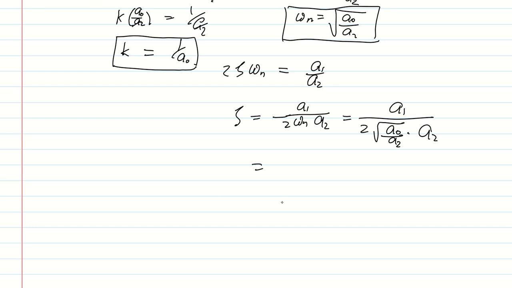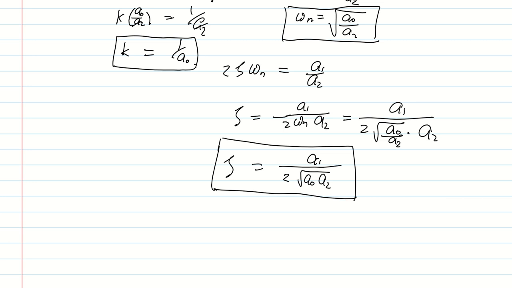So it will become a2 squared, and it will cancel out the a2 at the denominator. So it's just a2 times a0. So now we can say that zeta is equal to a1 all over twice the square root of the product of a0 times a2. So this is now a formula for the damping ratio given the coefficients of the differential equation.